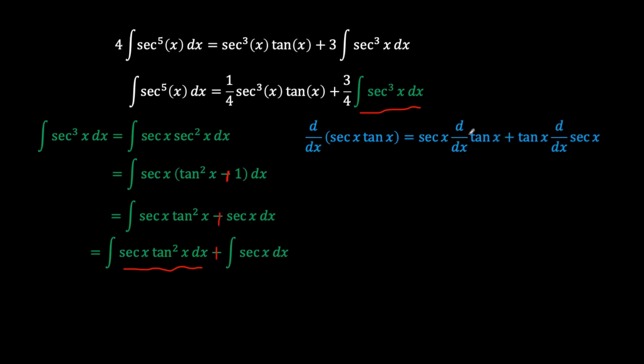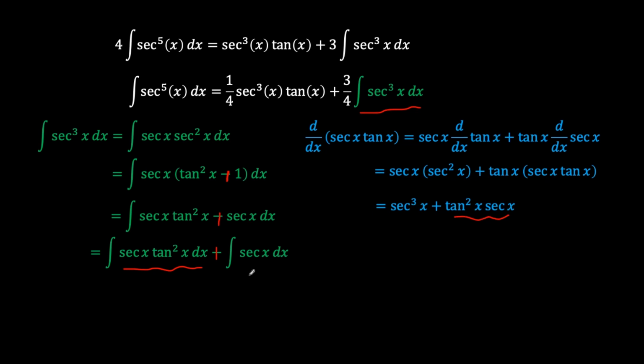It's the same as sec x times the derivative of tan x plus tan x times the derivative of sec x. And so we have sec x times sec squared x, which is the derivative of tan x, plus tan x. When you differentiate sec x, we get sec x tan x. So we get sec cube x plus tan squared x times sec x, which is very similar to what we have here.